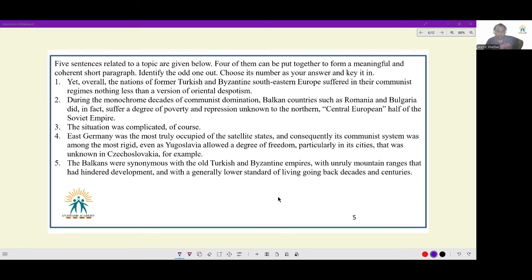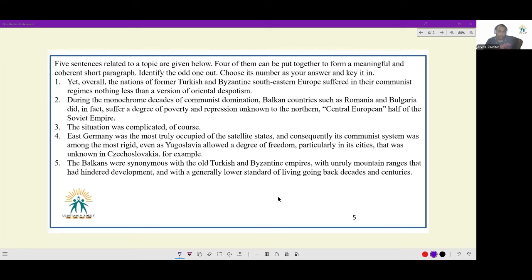Okay. The situation was complicated, of course. 3, I like the statement 3 because it has very few words. East Germany was most truly occupied of the satellite states, and consequently its communist system was among the most rigid.